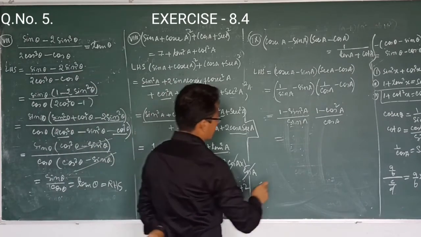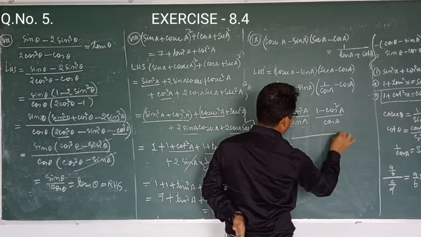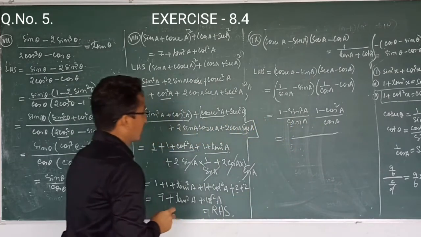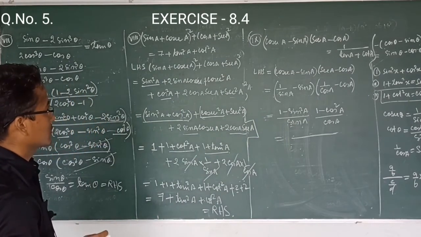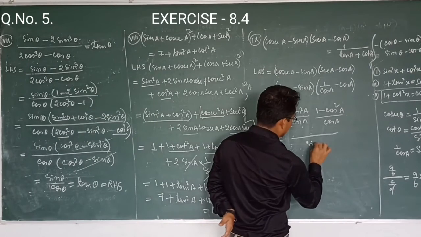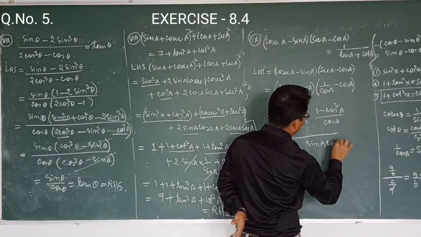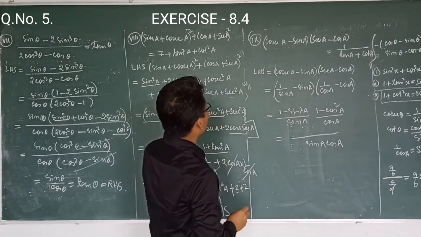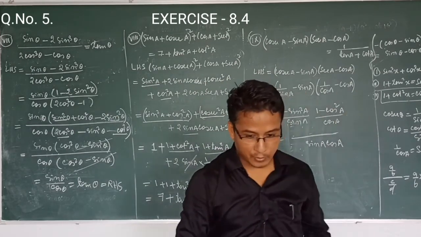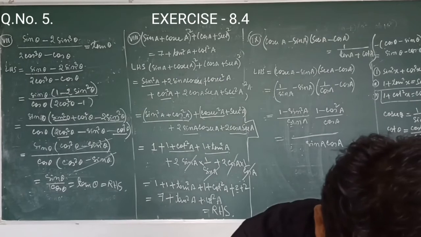After that, we have this. This is sin A by cos A. So cos A we multiply here. Is this question correct or not?